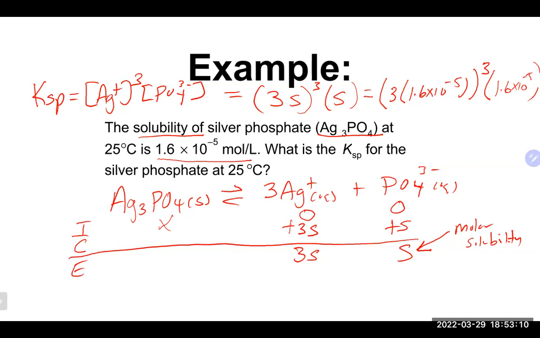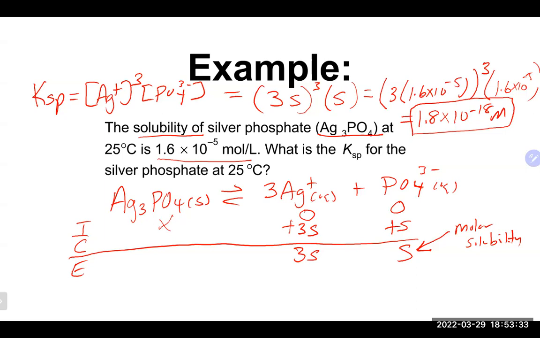All right. So hopefully on this calculator, if it's right, we get a Ksp of 1.8 times 10 to the minus 18. And if we wanted grams per liter, we could clearly use the molar mass of silver phosphate and figure out how many grams that would be per liter.